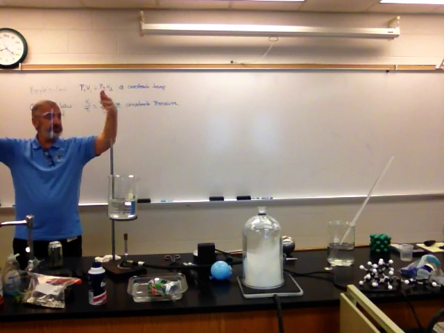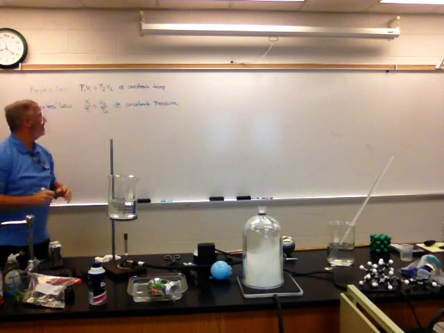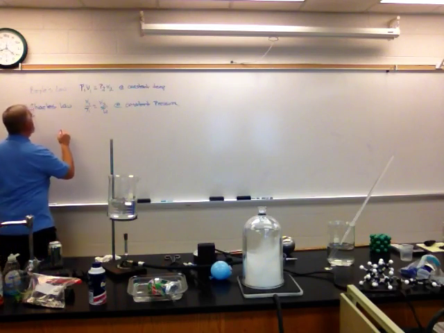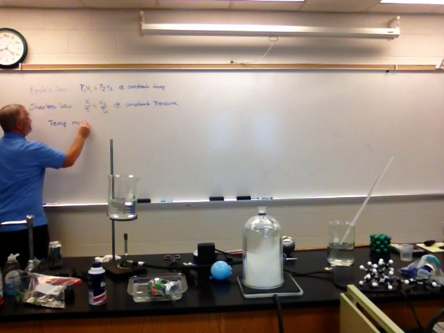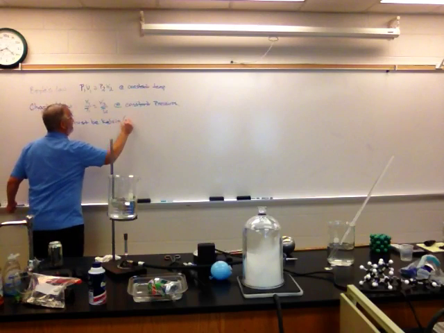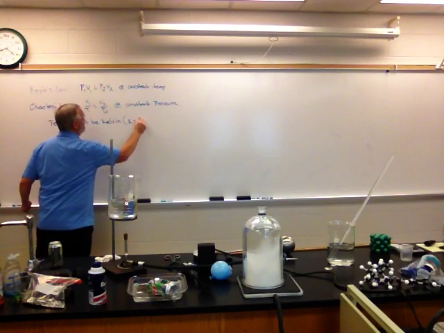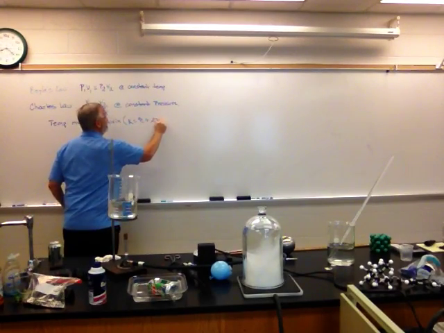It's a constant pressure thing, so it expands to keep the pressure constant. Now what must be true on this one? Temperature must be in Kelvin, and we say Kelvin is equal to degrees Celsius plus 273, so we just remember that.